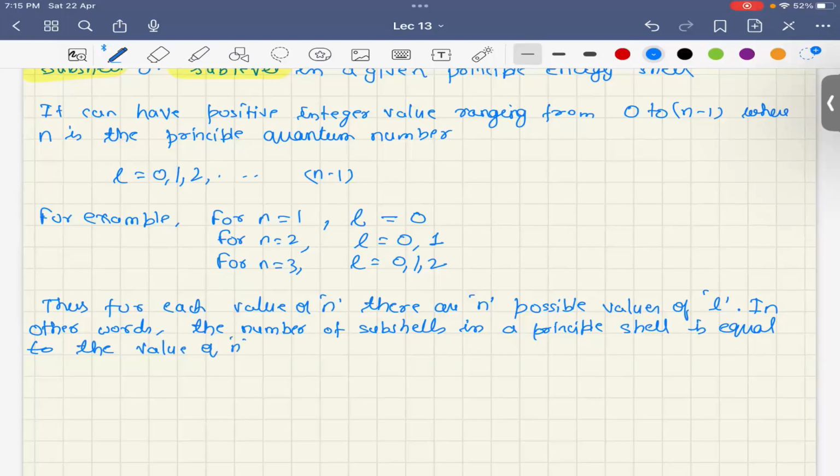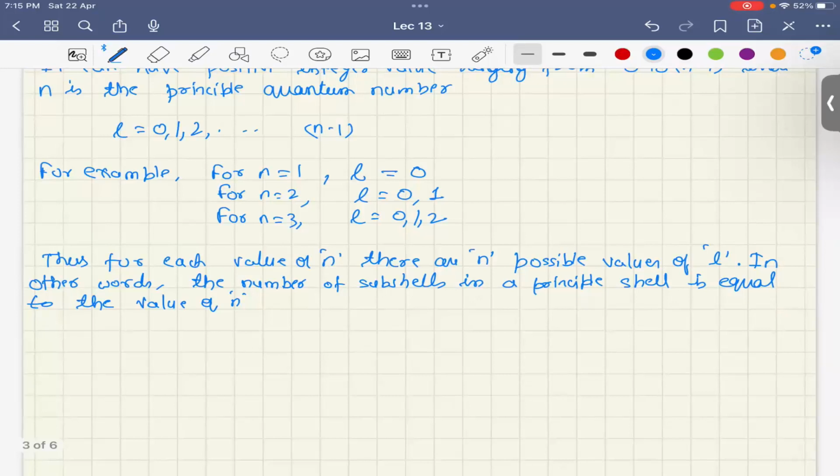This is the numerical representation of L, and there is also another definition which is in letter form.